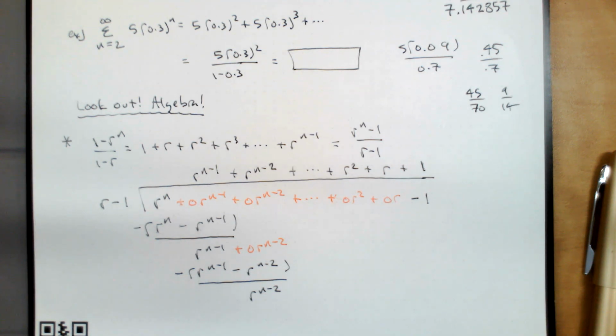We can also multiply the r minus 1 times the 1 plus r squared plus r cubed, and so on.